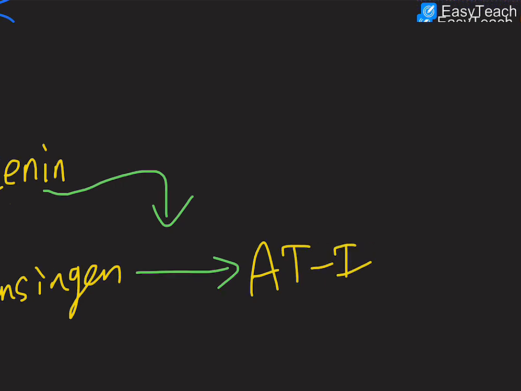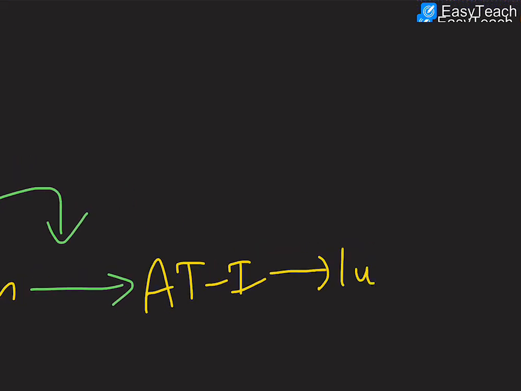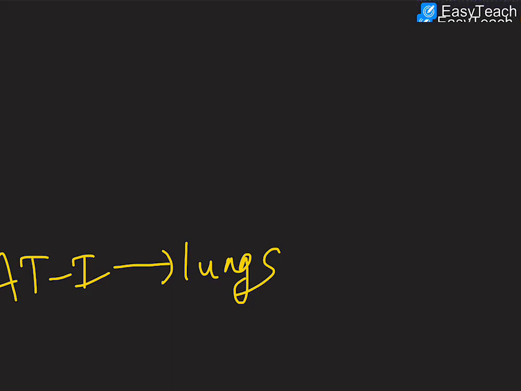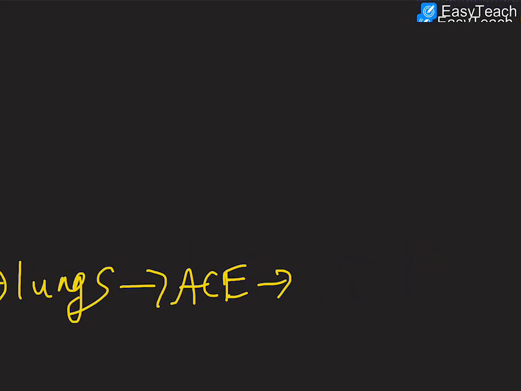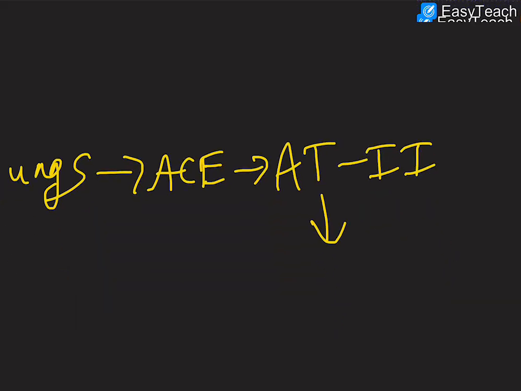Angiotensin 1 goes to your lungs, interacts with your angiotensin converting enzyme, and gets converted into angiotensin 2. Angiotensin 2 causes widespread vasoconstriction, which leads to an increase in blood pressure or hypertension.